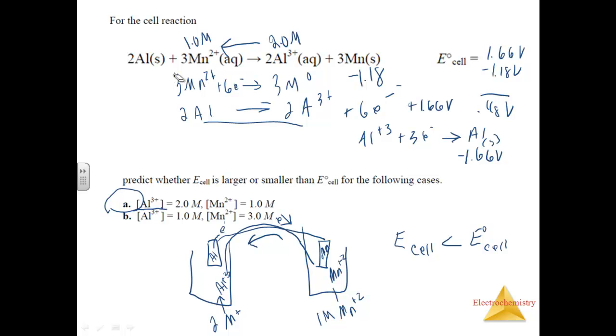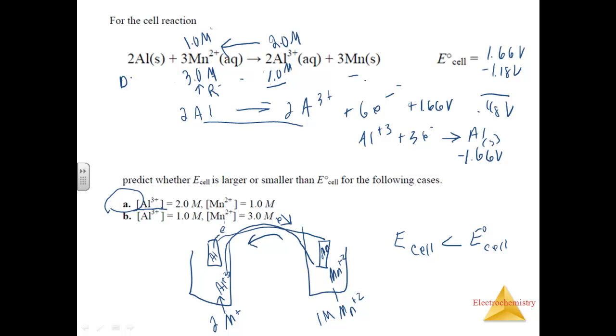I'm just going to erase this to make a little room for B. B says that aluminum is 1.0 molar and that my manganese is 3.0 molar. Here I have a standard concentration of the product, and I am increasing the concentration of my reactant.